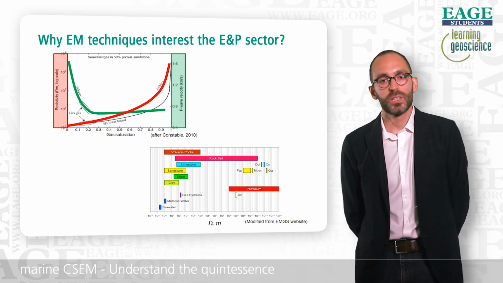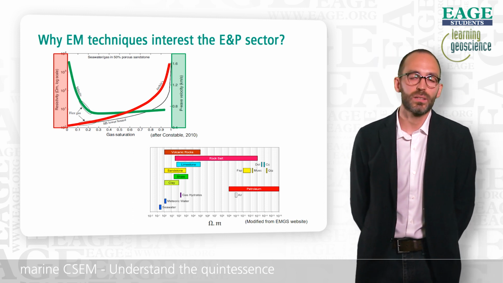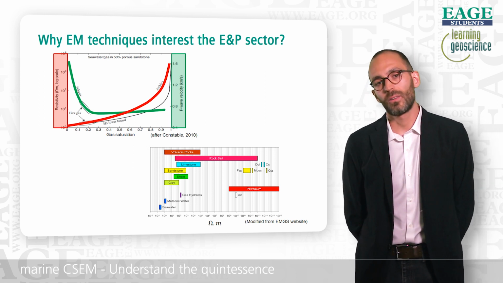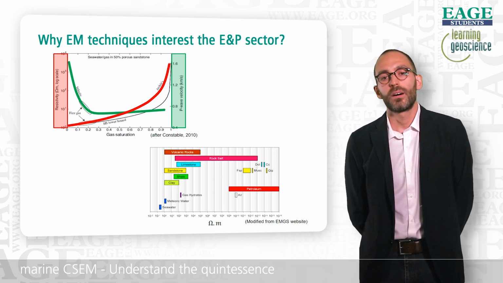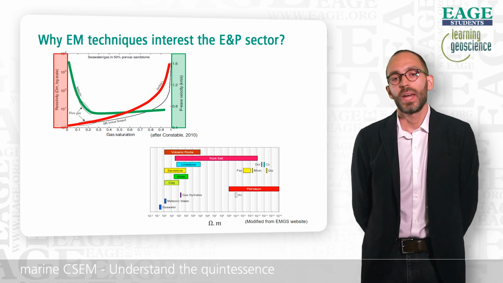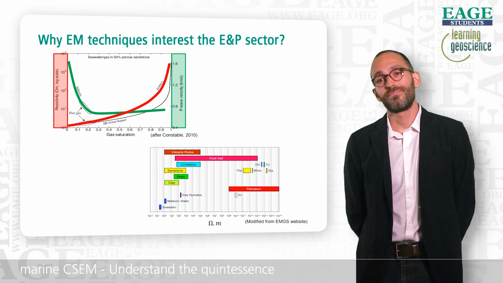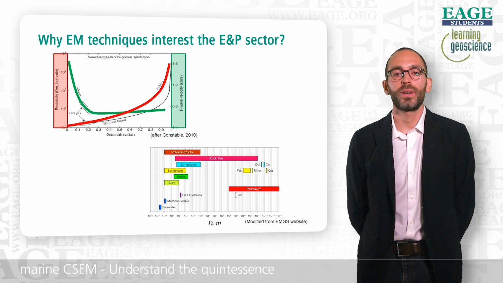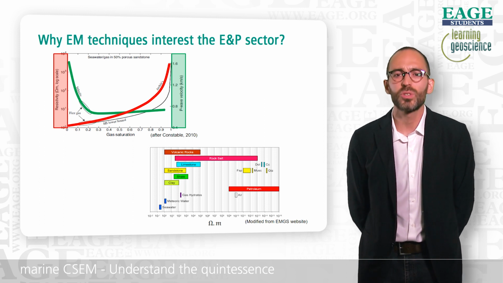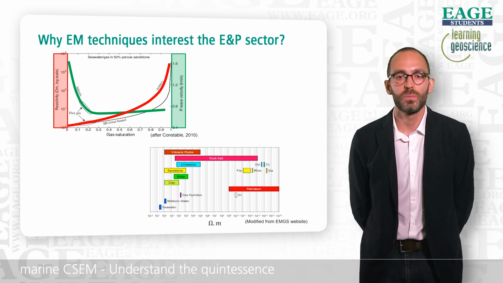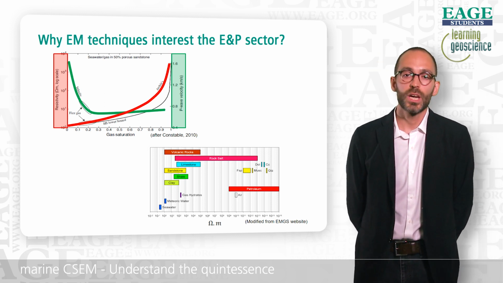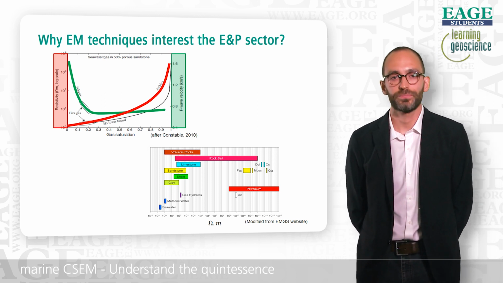So, as a good approximation, the industry often takes 0.3 ohm-meter for the seawater, 1.5 for sediments saturated with brine, and up to 100 for a hydrocarbon-bearing reservoir. That is almost 2 orders of magnitude between sediments containing brine and those containing hydrocarbon.